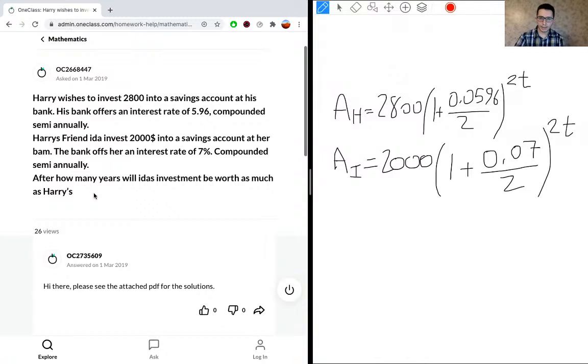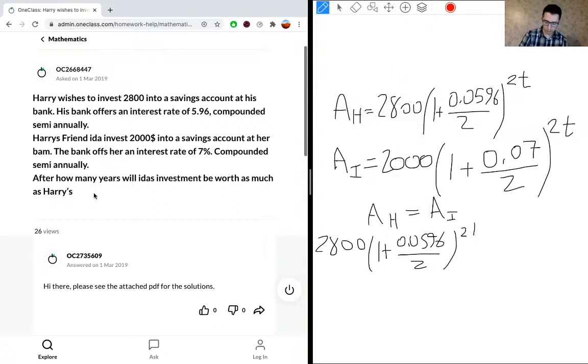So here we set AH equal to AI, and we'll get the following. We have 2,800 times (1 plus 0.0596 divided by 2) to the power of 2t. And then actually, we can just calculate what this is using our calculator.